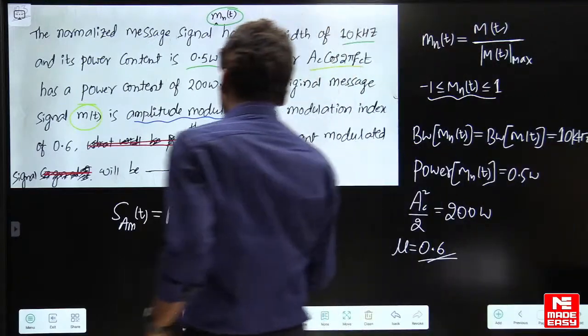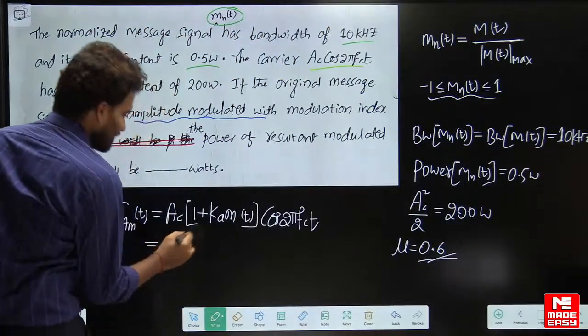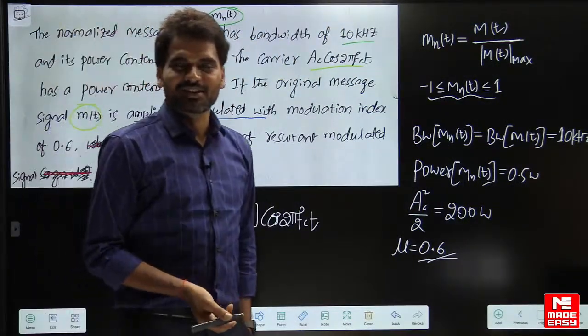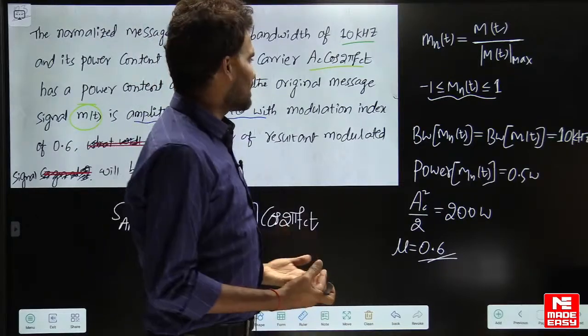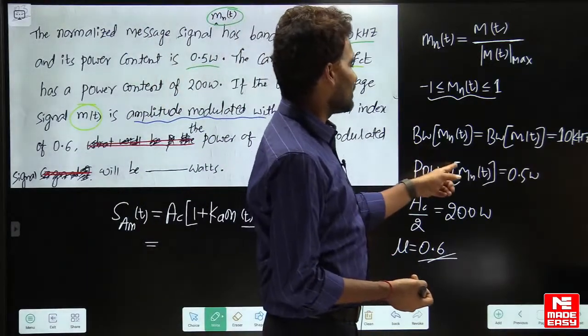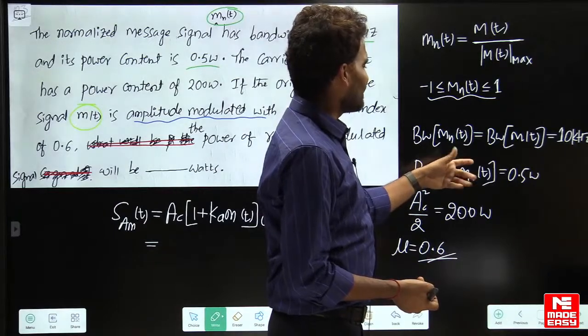Yes. So now I'm going to write this in terms of MNT, because the data related to the normalized message signal is given. The power of MNT is given here.